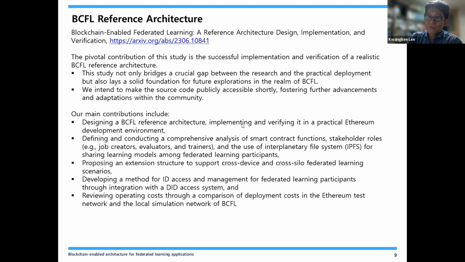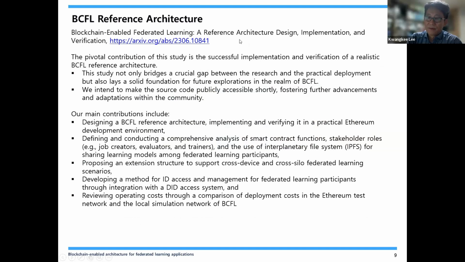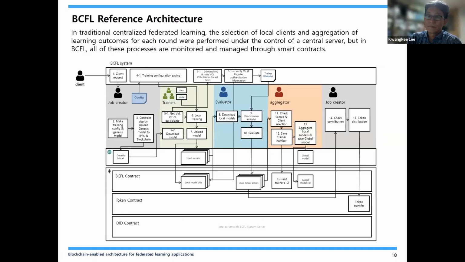Based on the design choices mentioned before, we proposed a novel reference architecture for BCFL and implemented and verified it in an Ethereum development environment. One big difference of BCFL is that in traditional federated learning, the selection of local clients and aggregation of learning outcomes are performed under the control of the central server.